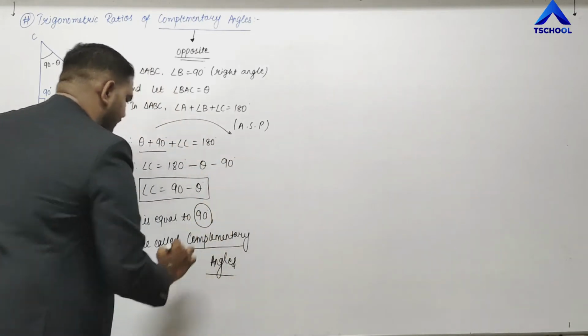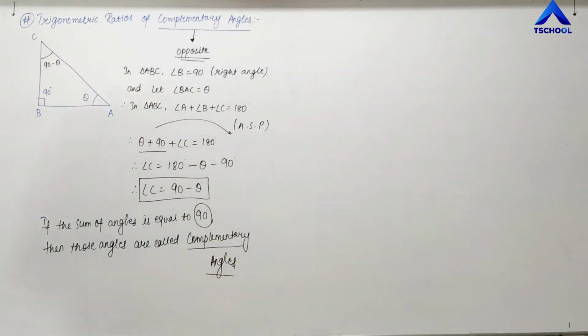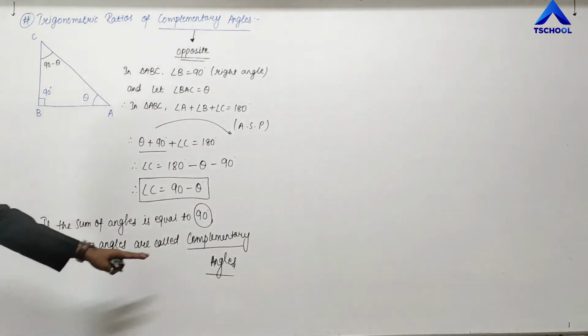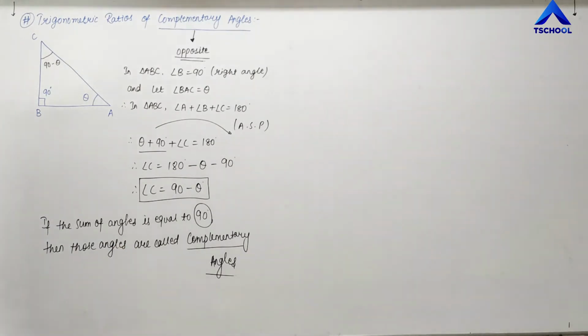If the sum of the angles is equal to 90 degree, then those angles are called complementary angles.